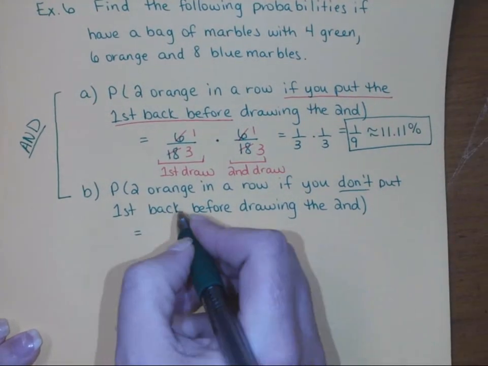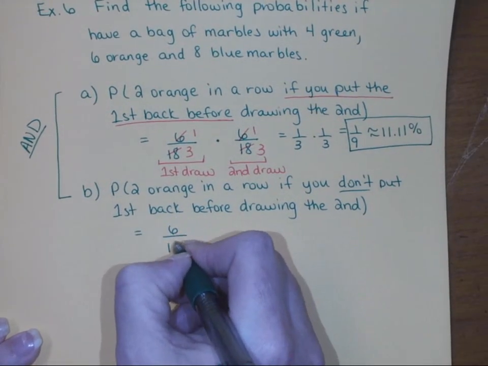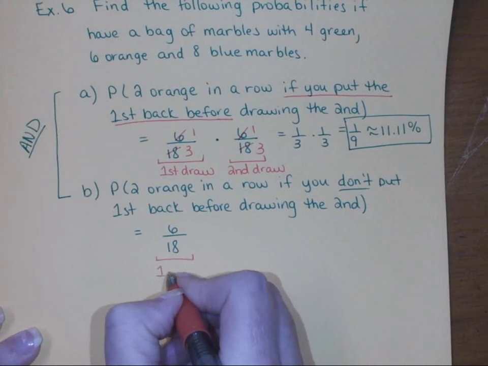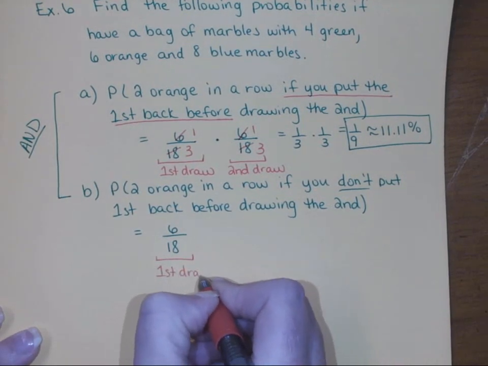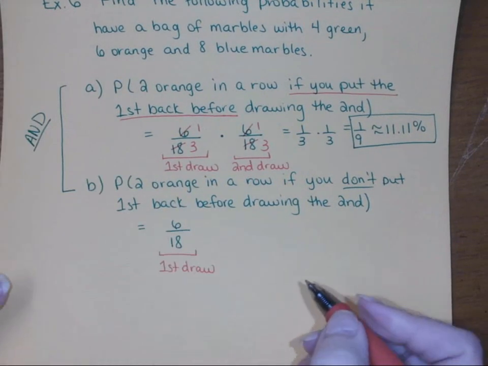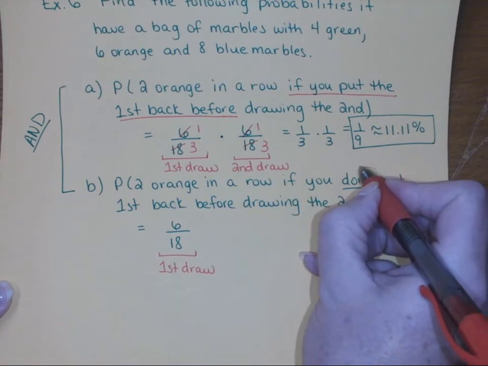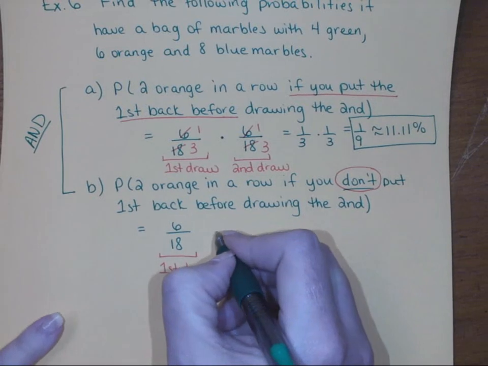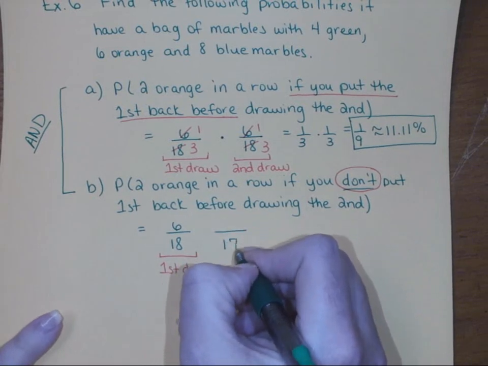Okay, but notice what's changing in the second problem. And notice what's not changing. Notice the first draw is unaffected. We still have 6 out of 18. But the change that we made here for the second draw is we don't put the marble back. In other words, we have changed the quantity of marbles that is present in the bag. So how many marbles are now available to be drawn since we took one of them out?